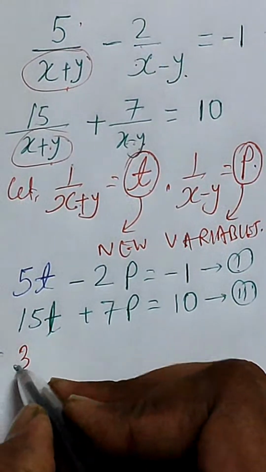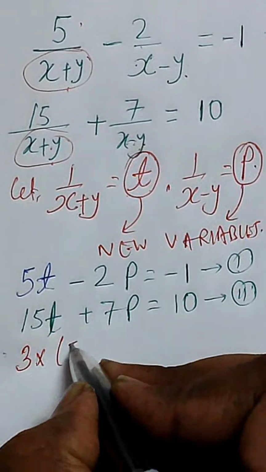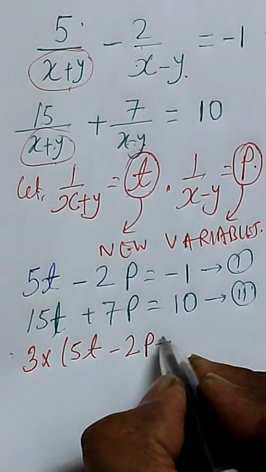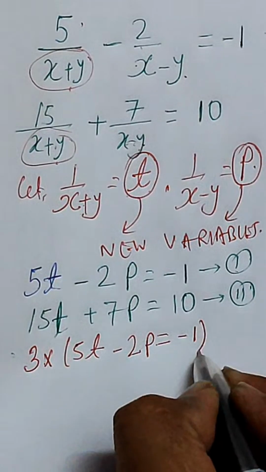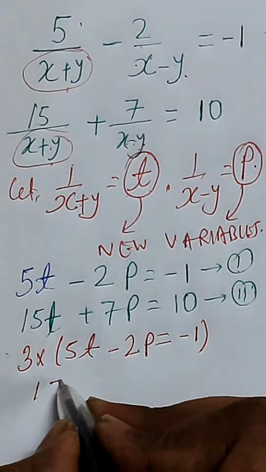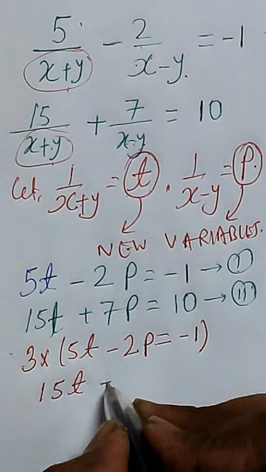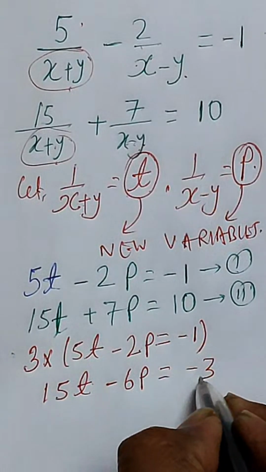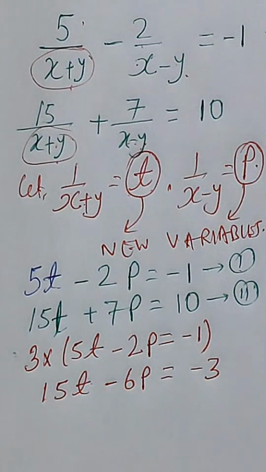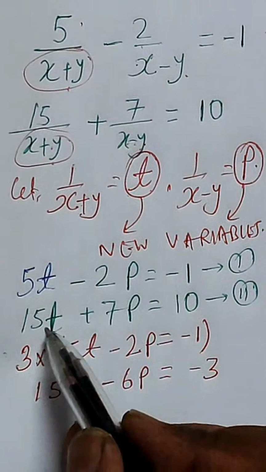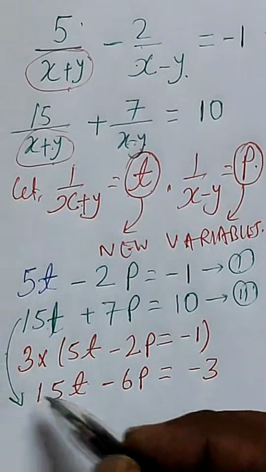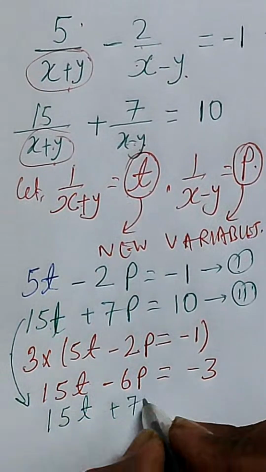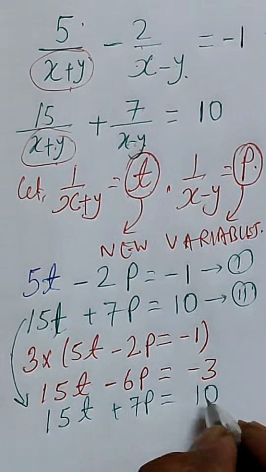So multiply equation 1 with 3, then 3 into 5t minus 2p is equal to minus 1 will give you 15t minus 6p is equal to minus 3, right? And the second equation is already available with you, that is 15t plus 7p is equal to 10.